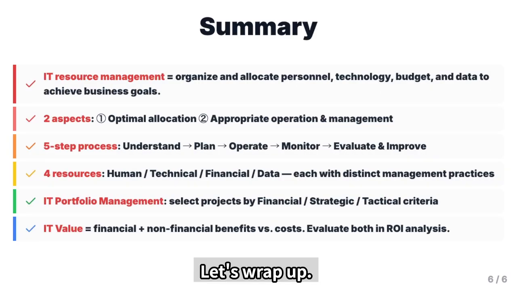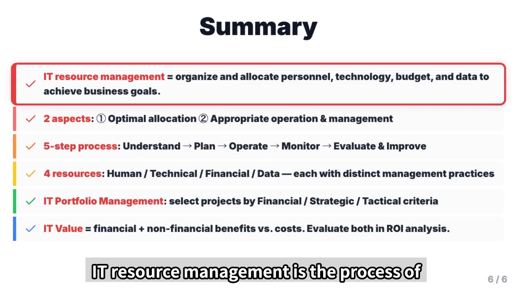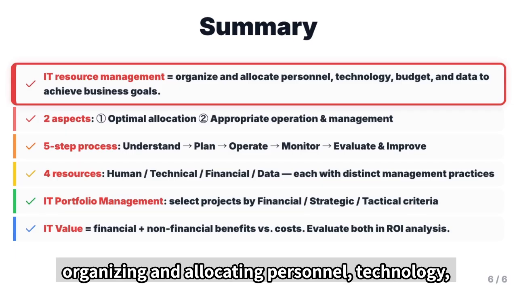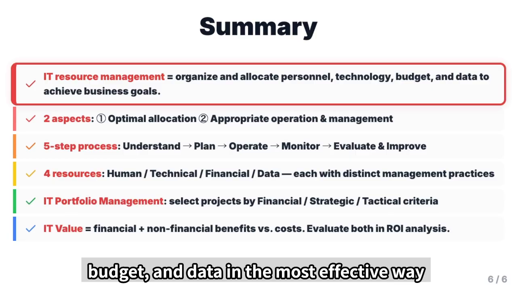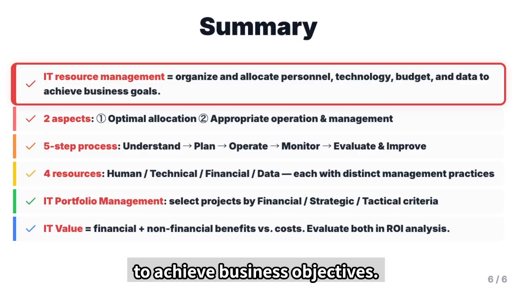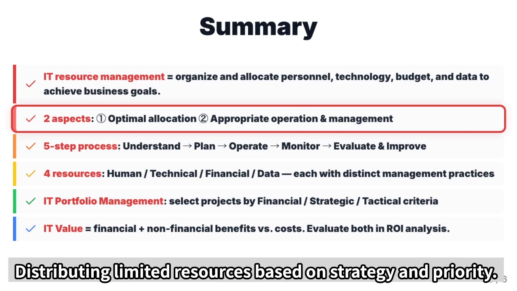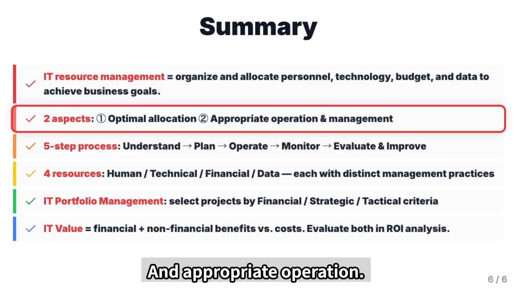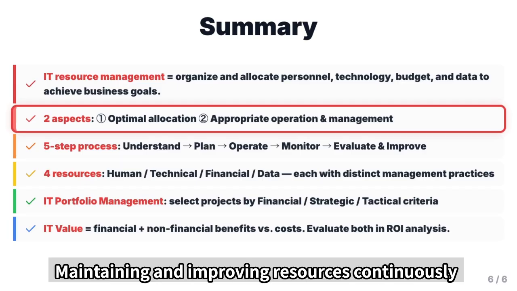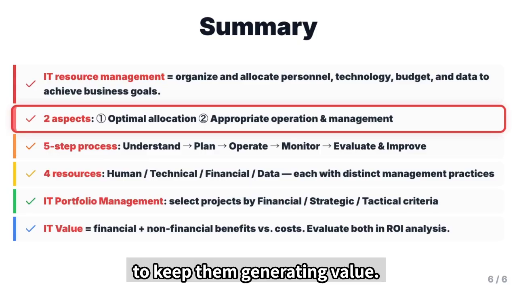Let's wrap up. IT resource management is the process of organizing and allocating personnel, technology, budget, and data in the most effective way to achieve business objectives. It has 2 aspects: optimal allocation, distributing limited resources based on strategy and priority, and appropriate operation, maintaining and improving resources continuously to keep them generating value.